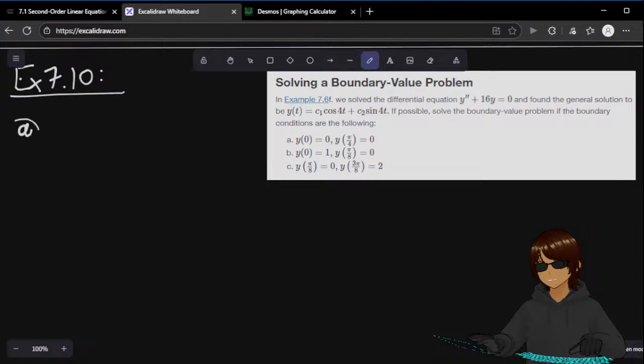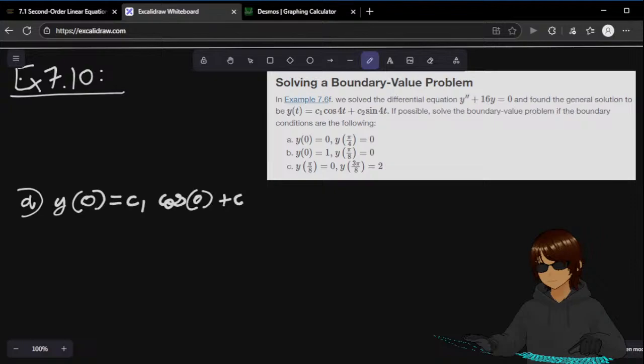So A, y(0) is 0. Cos 0 is 1, sine 0 is 0. So C1 is 0.